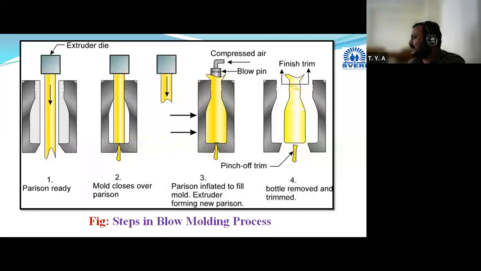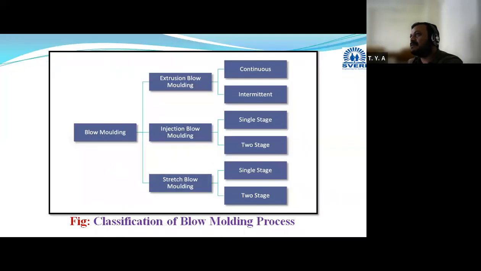If you compare the different types, extrusion and injection blow molding process, this injection blow molding process will generate the very minimum scrap, and that's why its processing time is also less. Hence, it will be a more economical process.